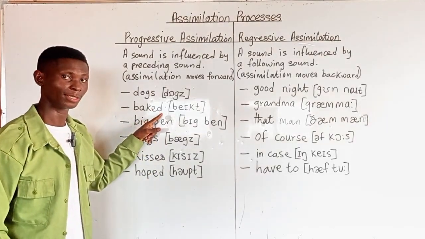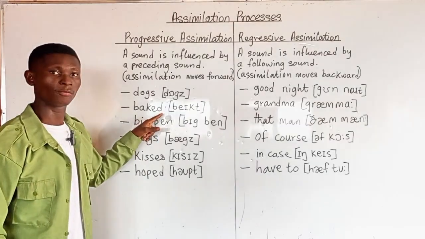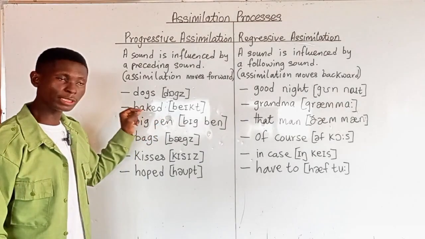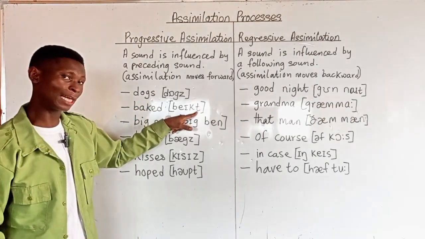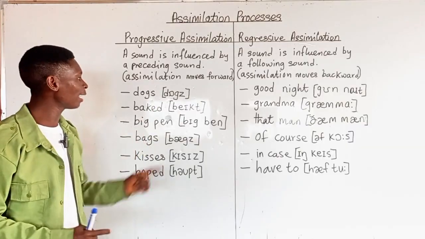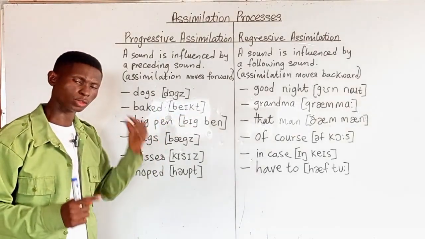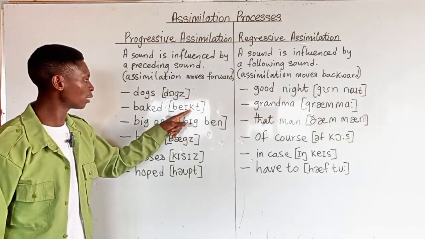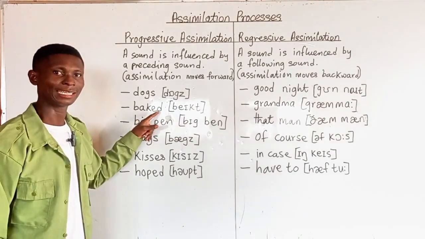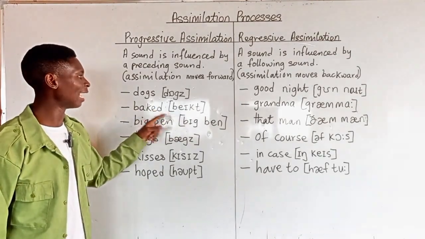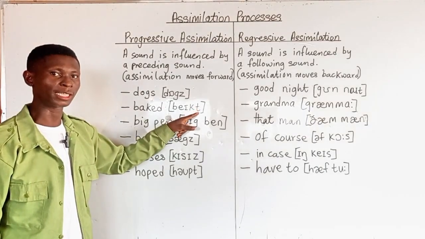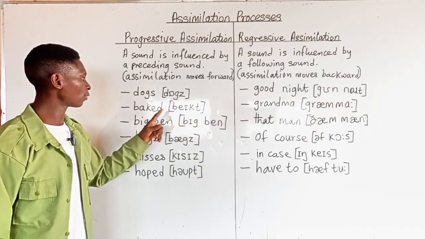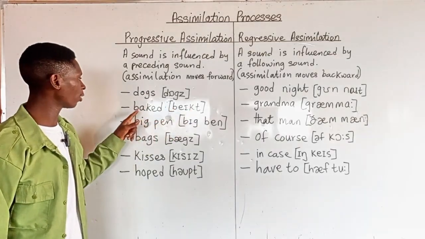Then it is a voiced alveolar plosive. Then the voiceless form of it is the t sound. So that is why this sound will change automatically after a voiceless sound. You don't realize the ed as d, rather you realize it as t because t is voiceless, just like k. That's why we have baked with a t and not with a d.